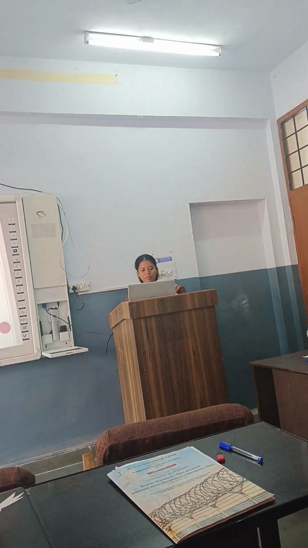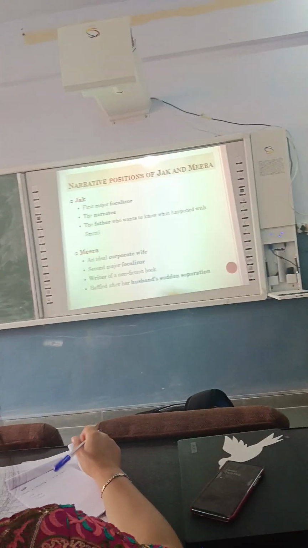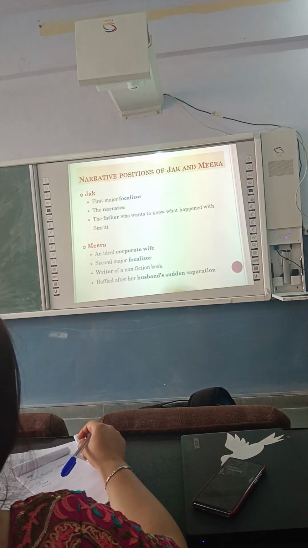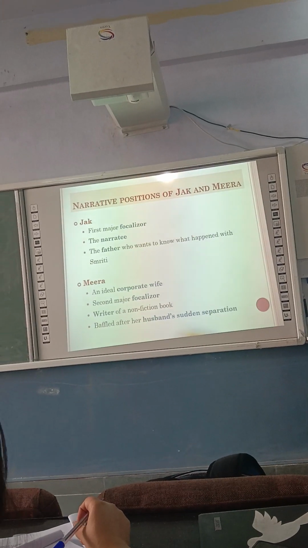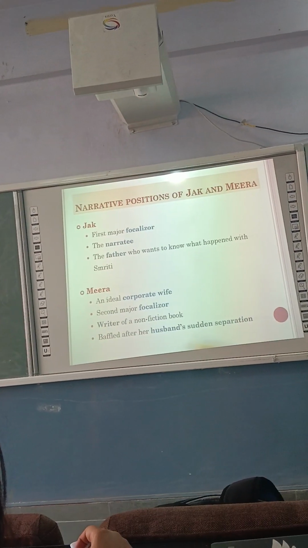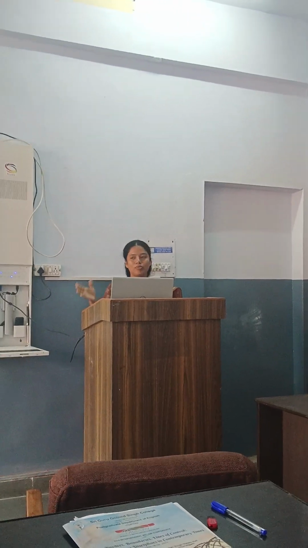Now, these are the narrative positions of these characters. Jack is a major focalizer, he is the narrative of the novel, a very important position. He is the father, intentionally not the mother of the traumatized character.